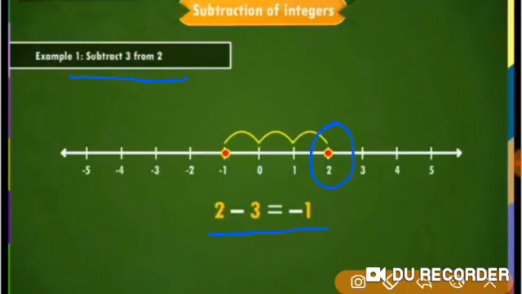Now we have to subtract a positive integer, so we will move towards the left on the number line. 3 units towards the left. 1, 2 and 3. We reach here, which is minus 1, right? So we reached minus 1. So 2 minus 3 is minus 1.